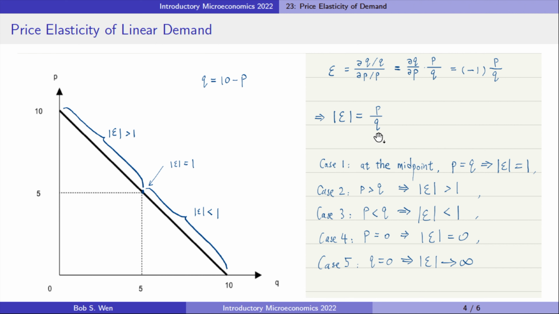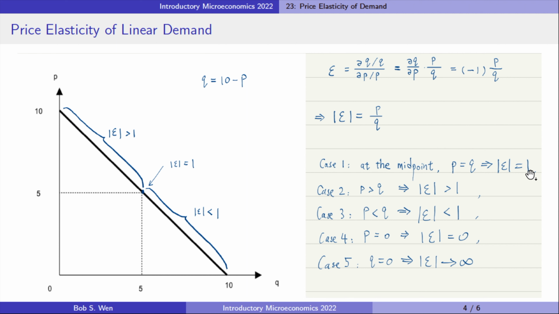The second part determines the size of the elasticity. At the midpoint, price equals quantity, so the elasticity is 1. It is unit elastic at the midpoint. A 1% increase in price causes exactly a 1% fall in quantity.